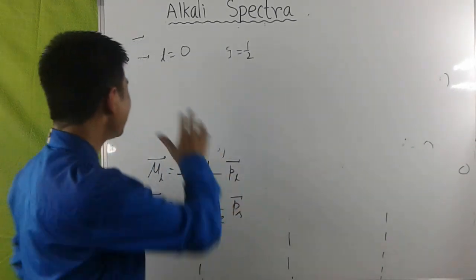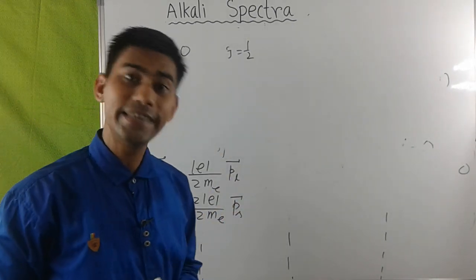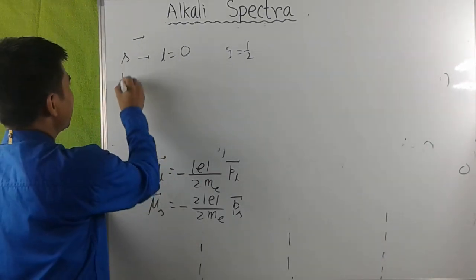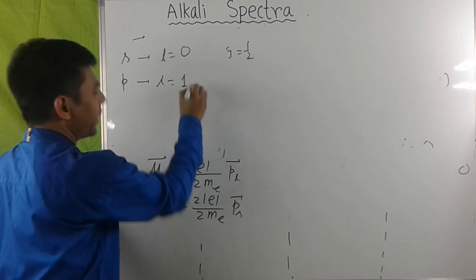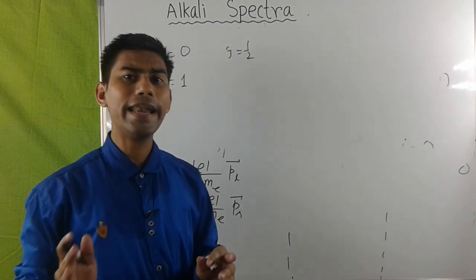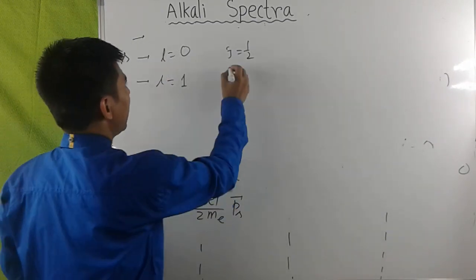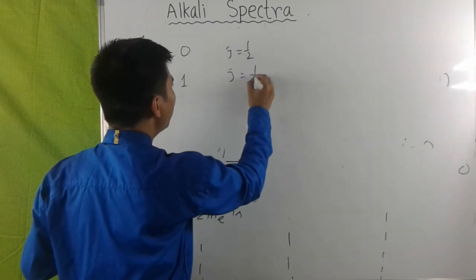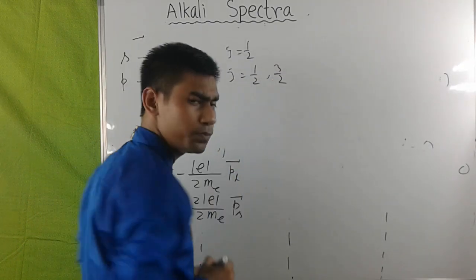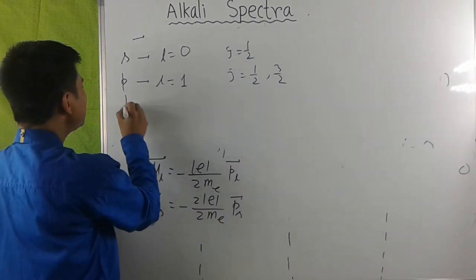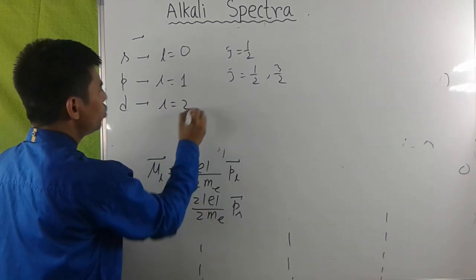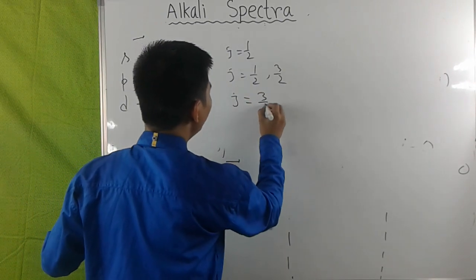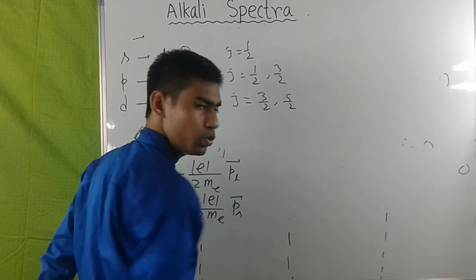So each S state energy level is a singlet, and in the P state L equals 1, and so J can have two values, L minus S and L plus S, that is J equals 1/2 and 3/2. In the D state L equals 2, and so J can have two values, 3/2 and 5/2.